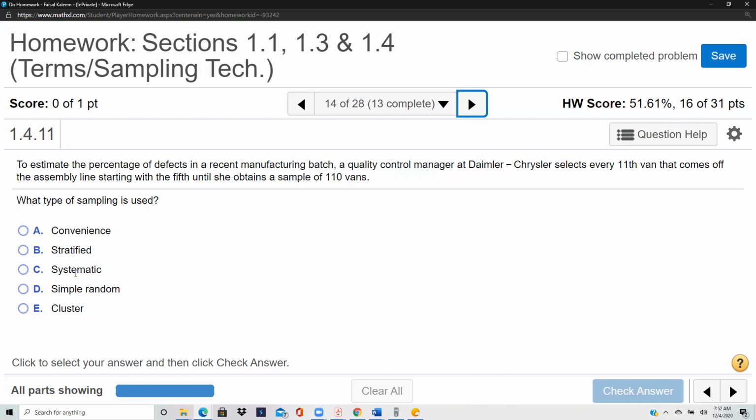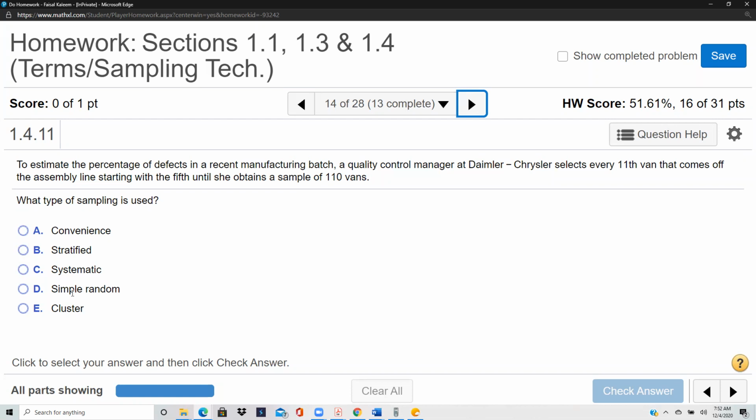Systematic is where you use some kind of a system. So let's say that instead of just selecting the first 50 girls that enter the library, I can say, okay, I will select every 10th girl that enters the library that day. That's some kind of a system.